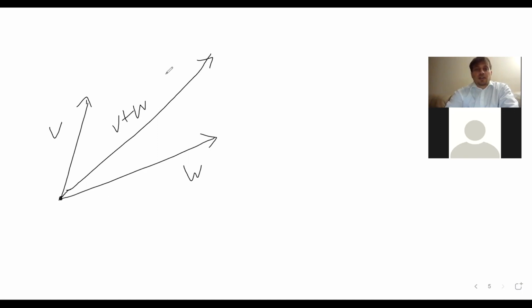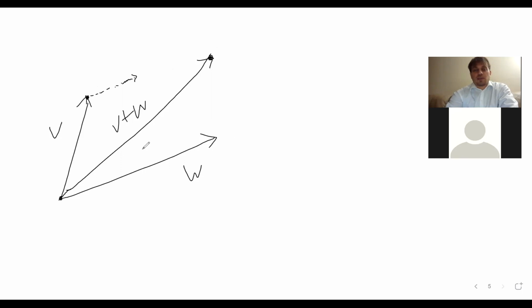Now, you can think of the terminal point of V plus W, starting at the same initial point here, as being the point you reach if you took the terminal point of V and translated it in the direction of W. See that this is the direction of W, right?